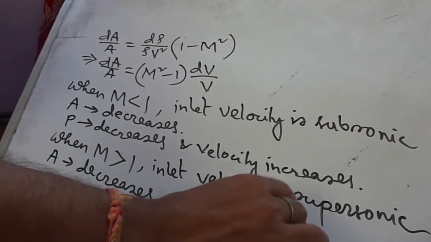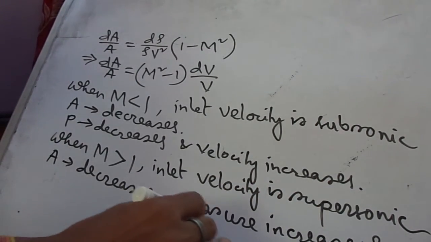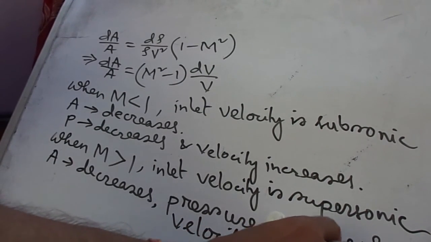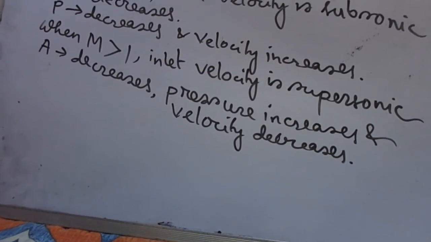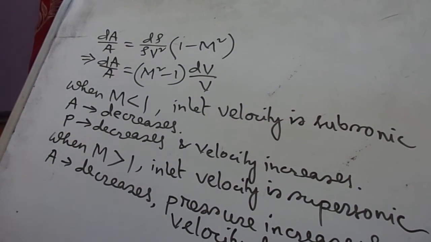And as flow area A increases, pressure decreases and velocity increases. So for supersonic flow, a convergent passage is a diffuser and a divergent passage is a nozzle.